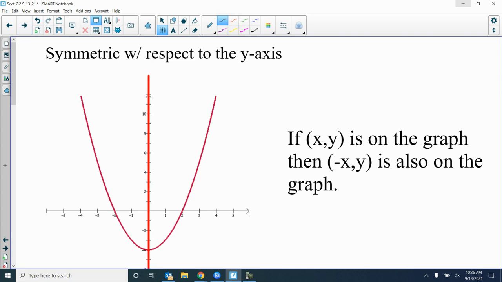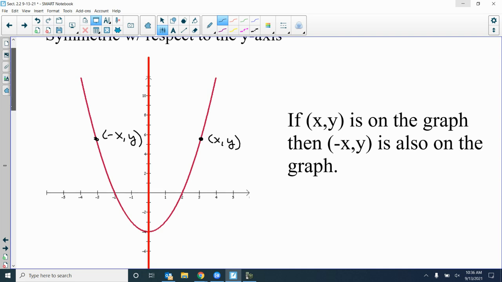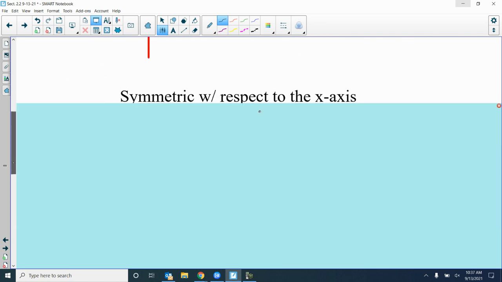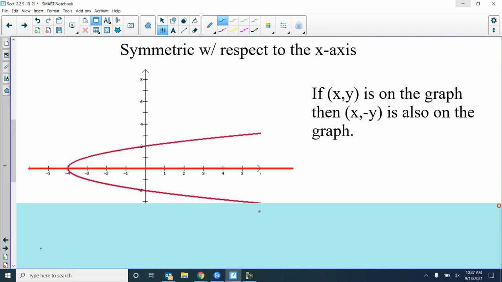Algebraically, here's what's happening. If (x, y) is a point on the original graph, (-x, y) is a point on the opposite side. Always going to be the case. If it is symmetric with respect to the x-axis, what's going to be true?